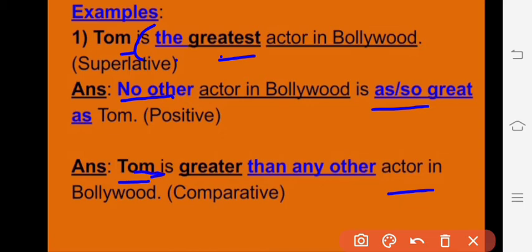If you want to convert into comparative formation of the same superlative degree having est or most, the subject remains the same, then afterward you have to add the er form or more, great into greater, then apply "than any other." If you apply "no other," your sentence is wrong. So while you convert into comparative formation, apply "than any other." So the answer is like that: Tom is greater than any other actor in Bollywood.